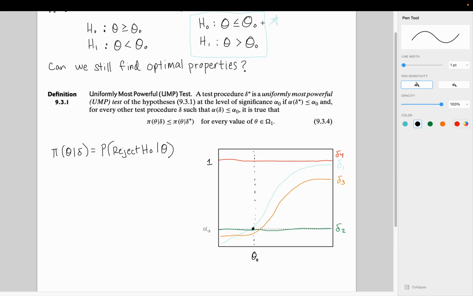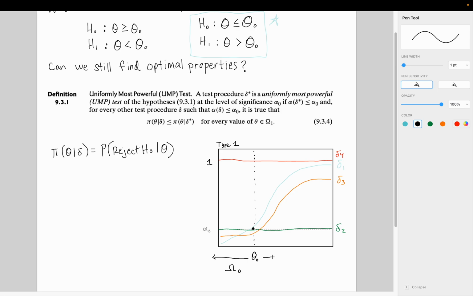Now, for the situation that I boxed, this over here is the null parameter space, so all the values over here are when the null is true. If we reject H naught and we're in the null space, this is a type 1 error, and we generally want the power function in this region to be as small as possible.